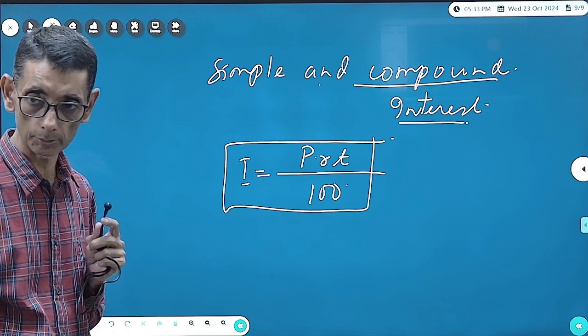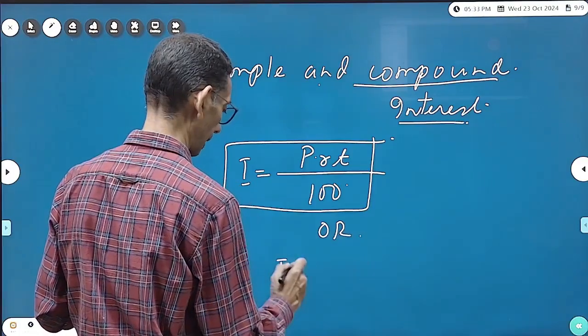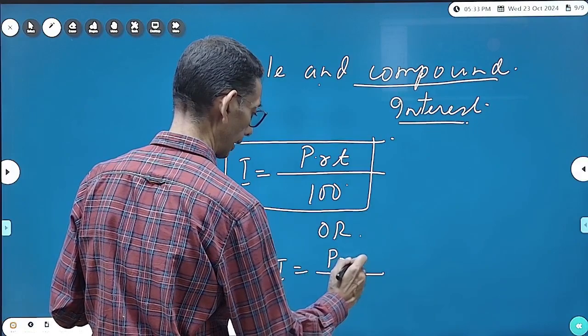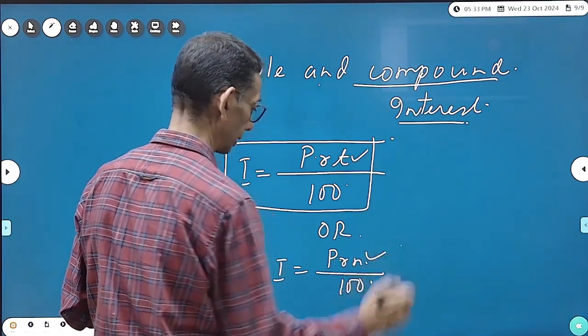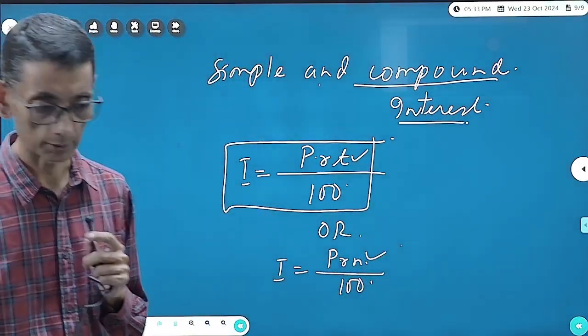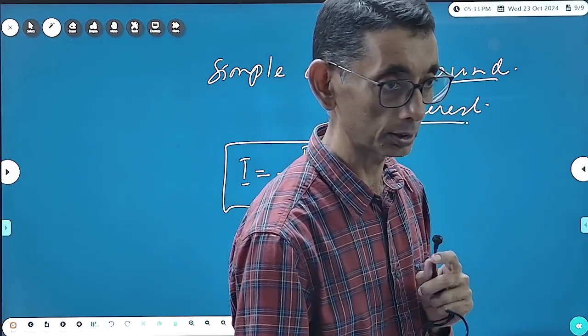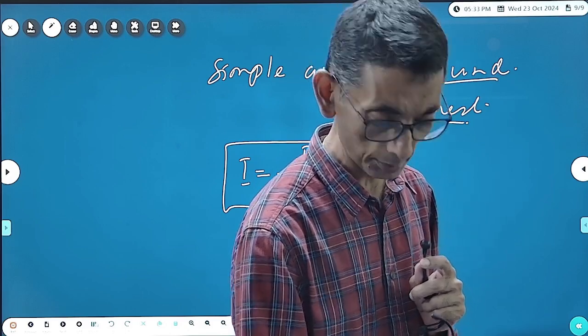Did you get this? I is equal to P R N by 100. It is the same thing; time is written as T or N. P R N by 100, right? Okay.